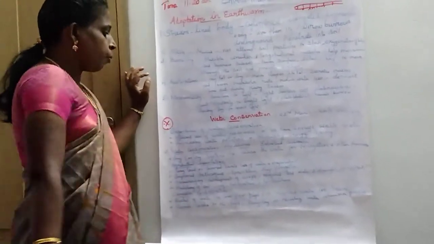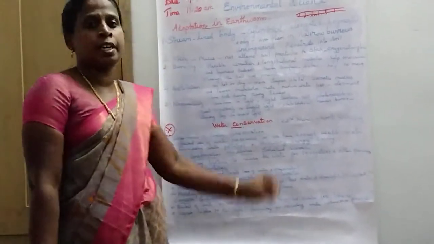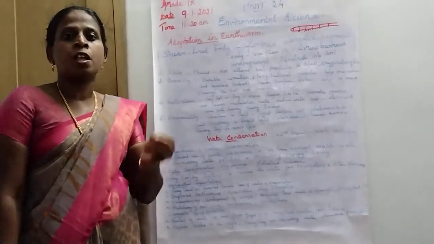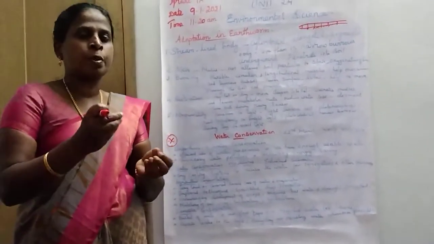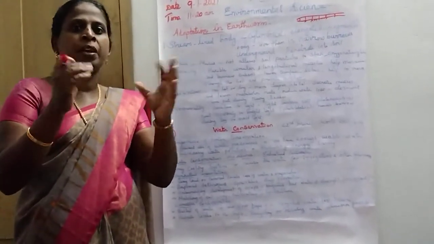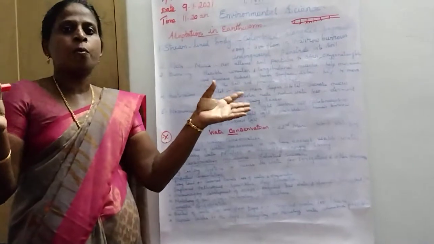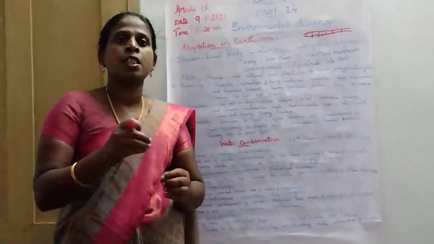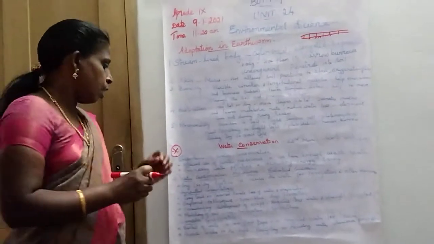Second one is improved technology can be used. In the agricultural field, we can use sprinklers. Sprinklers mean the water is sprinkled for a time, so there is no loss of water. Sprinklers they can use, otherwise drip irrigation can be used.